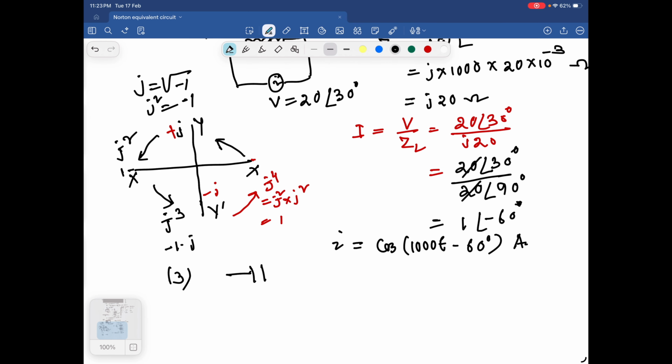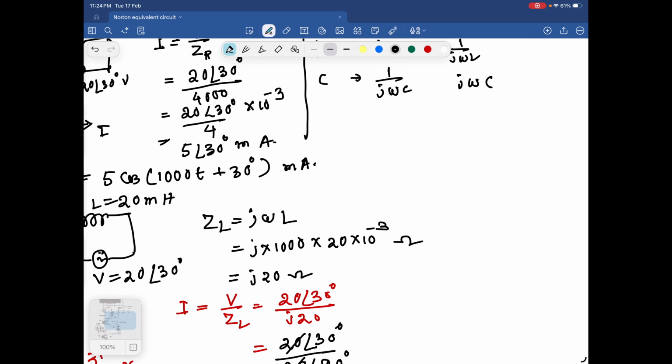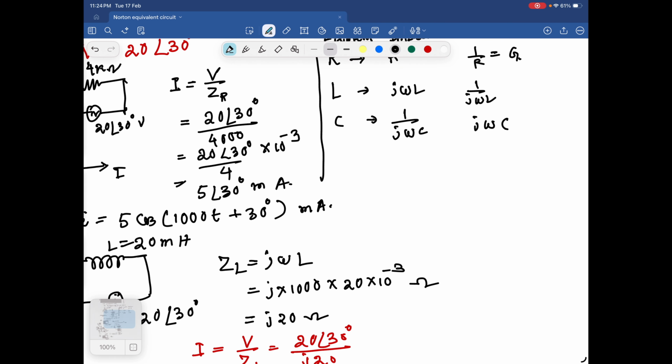Now in the third case, one capacitor is there, the magnitude of the capacitor is 10 microfarad, and we are applying an AC voltage, 20 angle 30 degree. So what will be the impedance? ZC is equal to 1 upon j omega c.